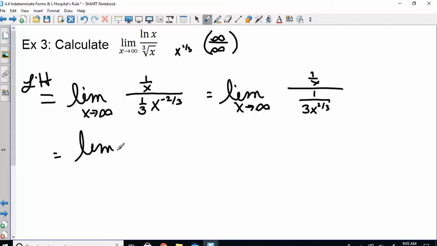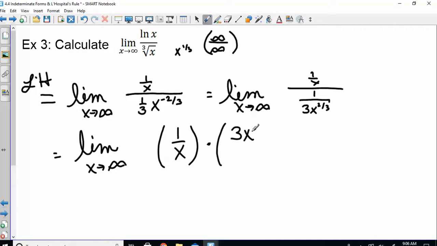How do you divide fractions? So this is like 1 over x times 3x to the 2/3 over 1. If you have x's on top and bottom, what do you do with their exponents?